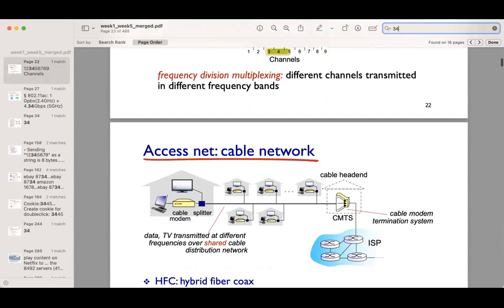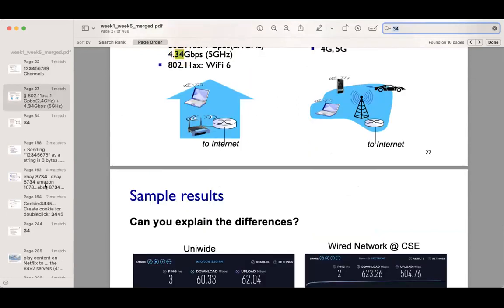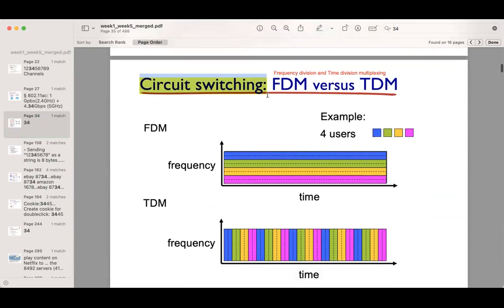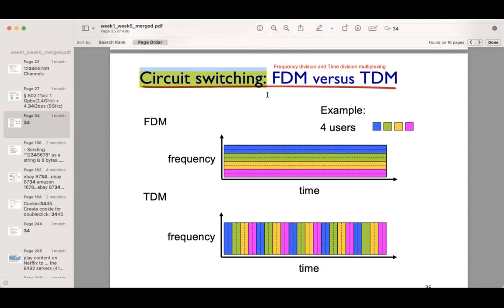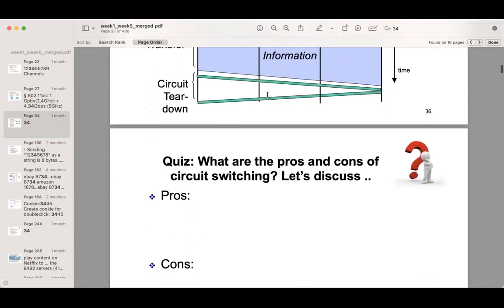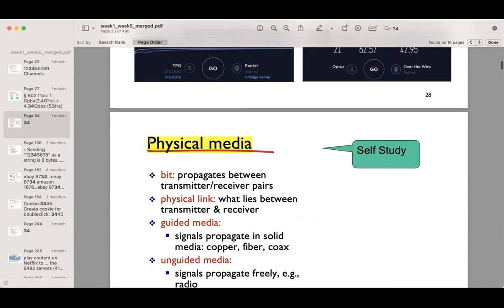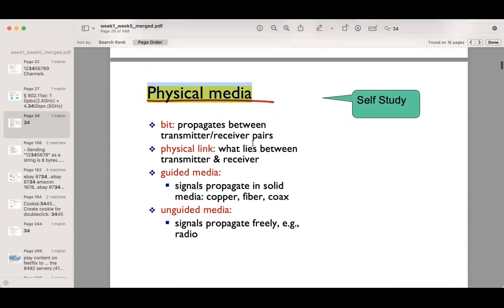For example, page 34. Then you need to go to here, circuit switching. And I also have some annotation in the title if I think this page is very important. You can see I highlighted this page, then you can spend more time on this page.